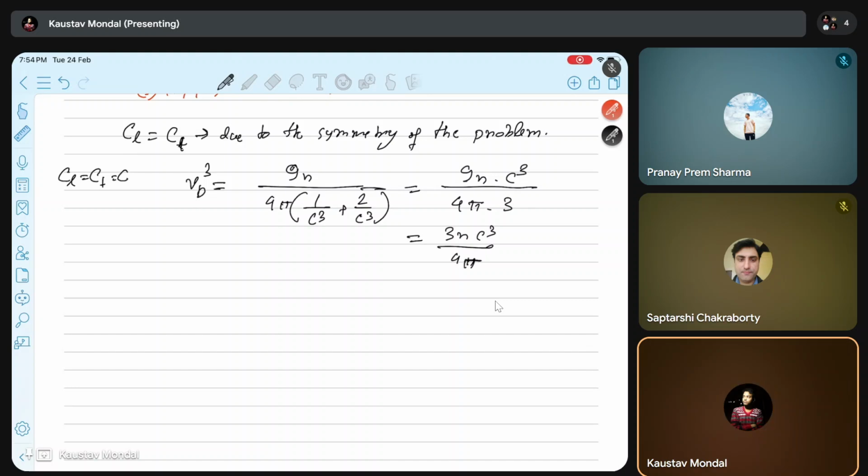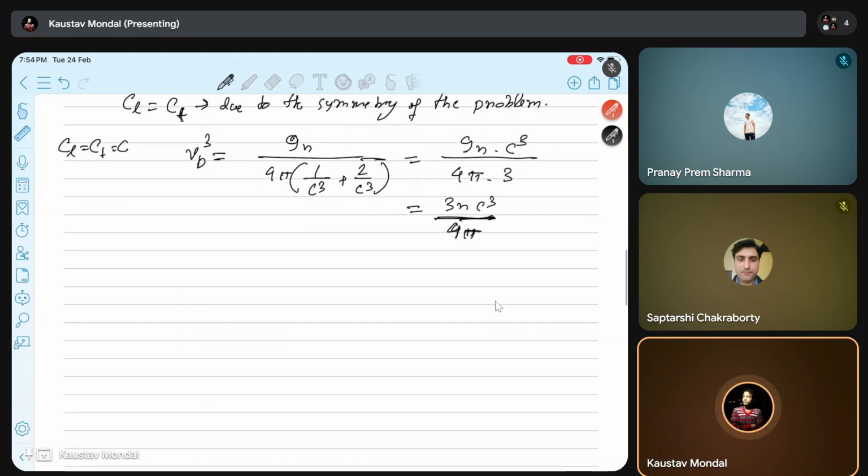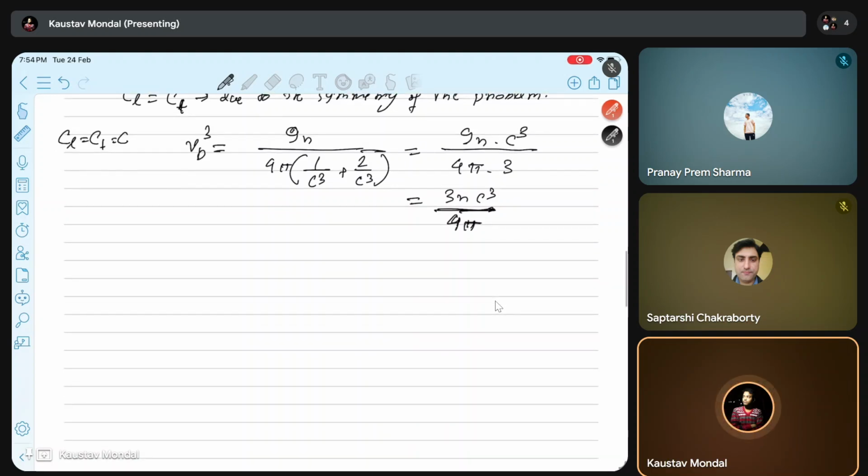Now you have to calculate the angular velocity or the velocity of the sound. Okay, so now we know velocity is related to the frequency using this relation v equal to 2 pi nu, in this case it will be nu d.